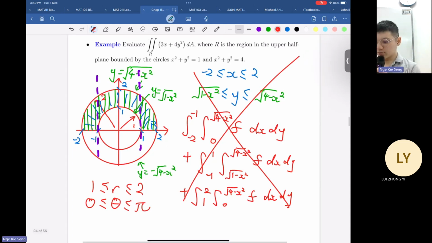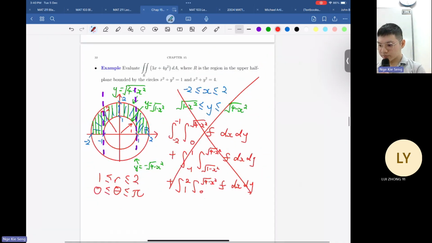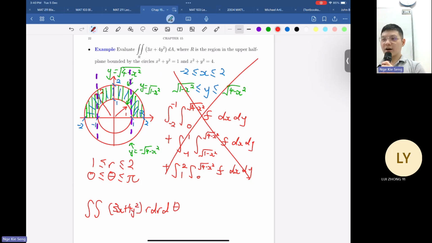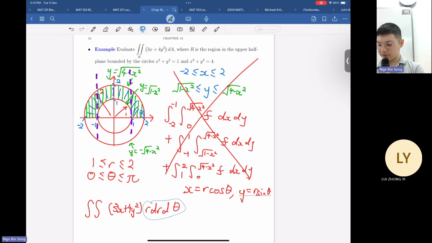Then you need to write down your double integral in polar form. So integrate r dr d theta. You got an extra r. But in the middle is 3x plus 4y squared. How to go from x, y to r, theta? Still remember? x equals r cos theta, y equals r sine theta. So you need to substitute these values in.